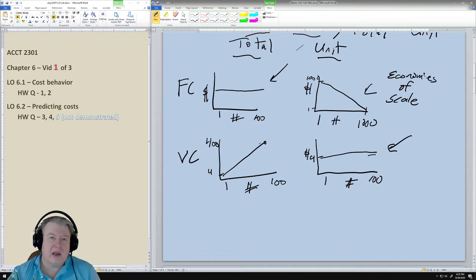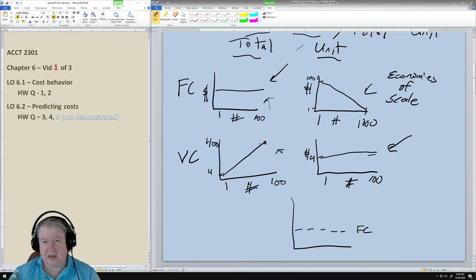Well, normally, let's say we're this bike factory, normally you have both of these costs. You have fixed costs and you have variable costs, right? Well, what would you do if you combine these two graphs? If you combine these two graphs, you would say, well, there is some minimum amount. This would be the fixed cost line. You would say, no matter how many bikes we build, we're going to have at least that much as far as fixed cost.